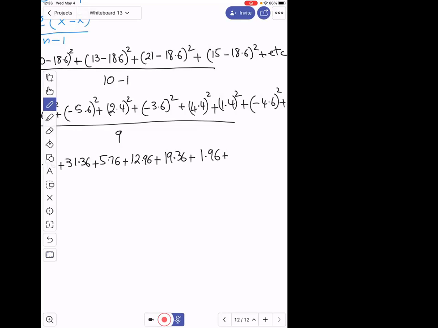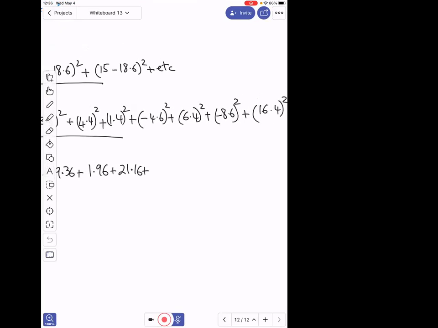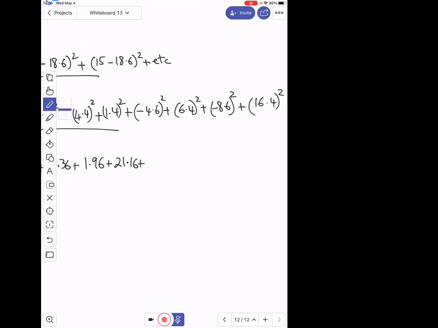So that's 21.16, plus what else? Yes, we have 6.4 squared, which is 40.96, plus negative 8.6 squared. Negative doesn't matter because the answer is going to be positive anyway.